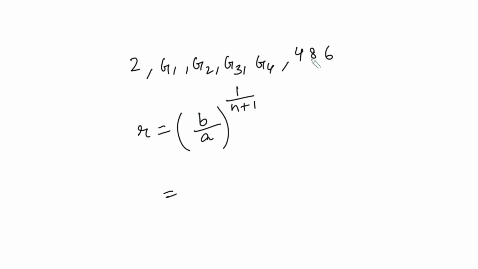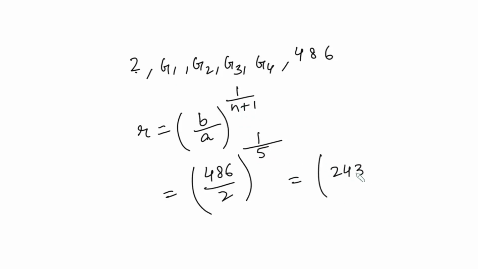Here, the value of B is 486, the value of A is 2, the value of n, which is the number of GMs, is 4, so 1 over 1 plus 4, that is 5. So you have 243 raised to the power 1 over 5.